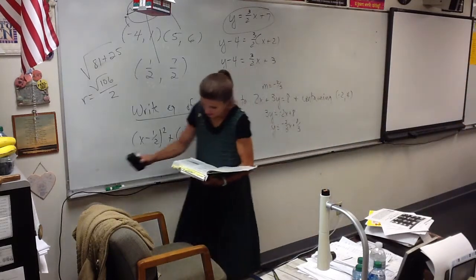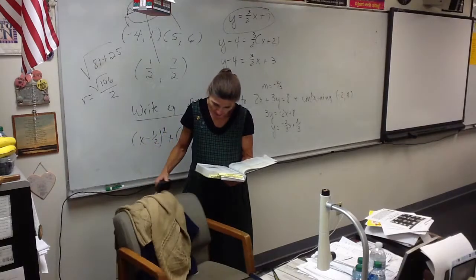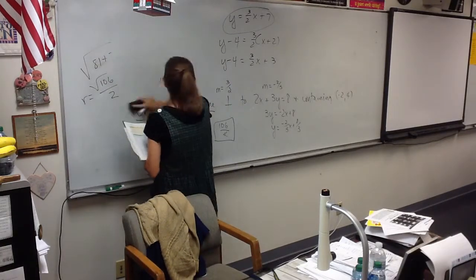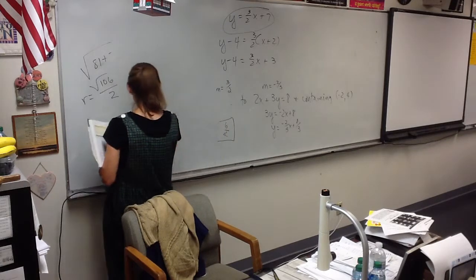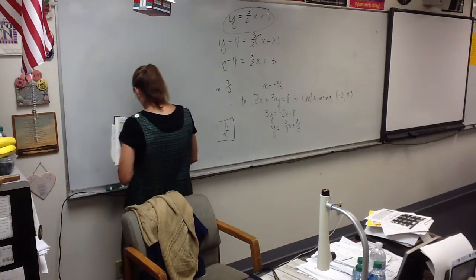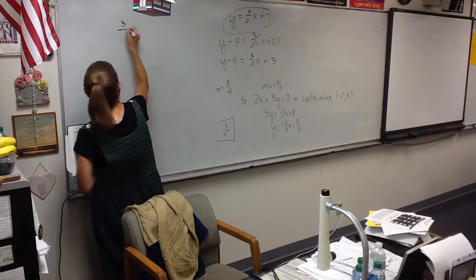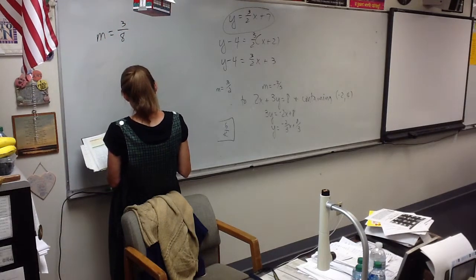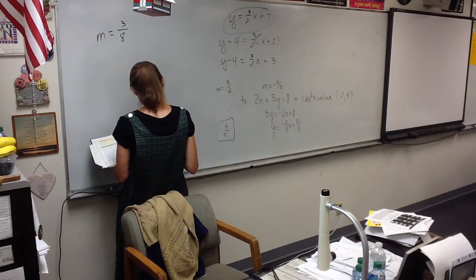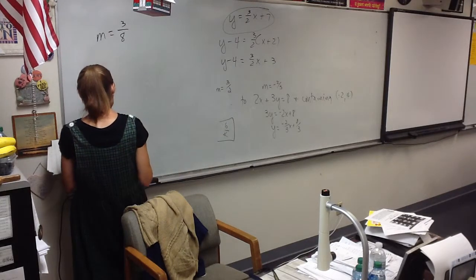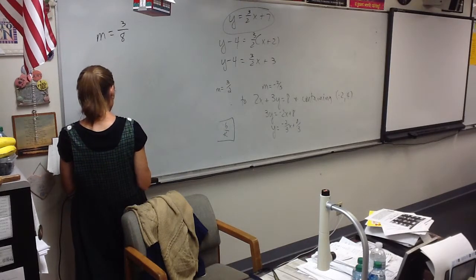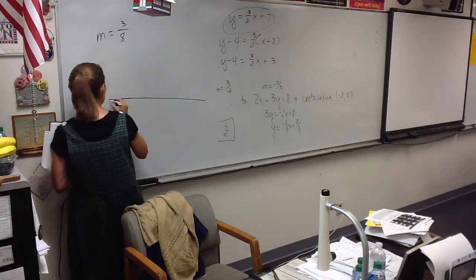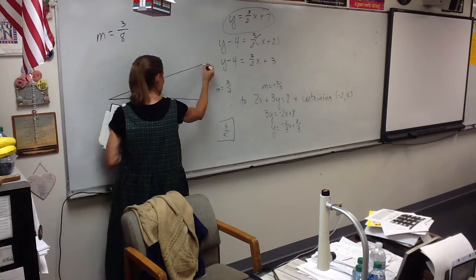Problem 47 says a commercial jet airplane climbs at takeoff with a slope of 3/8. So we are given the slope is 3/8. How far in the horizontal direction will the airplane fly to reach an altitude of 12,000 feet above the takeoff point? So here's the runway, here's the plane.